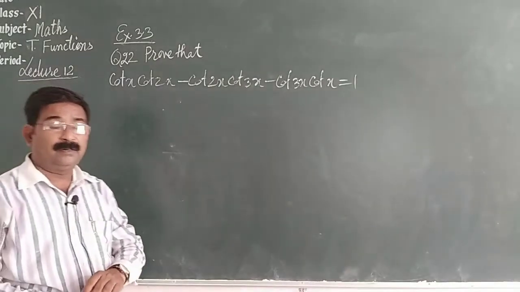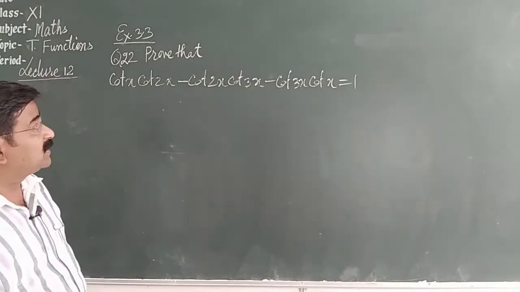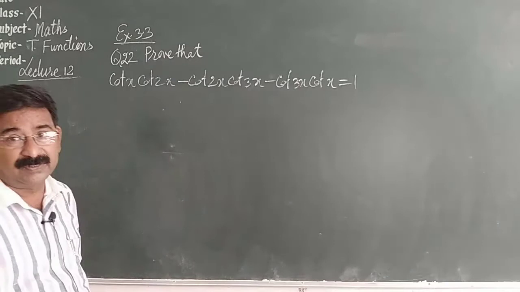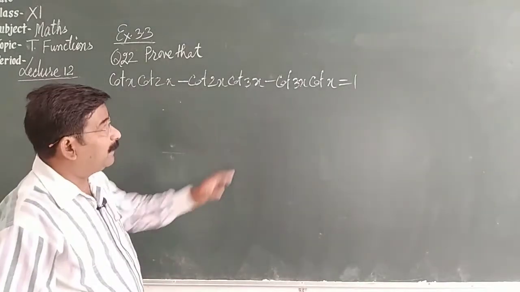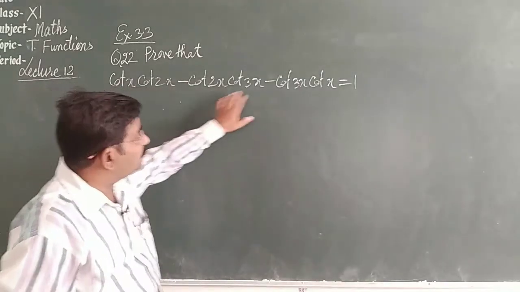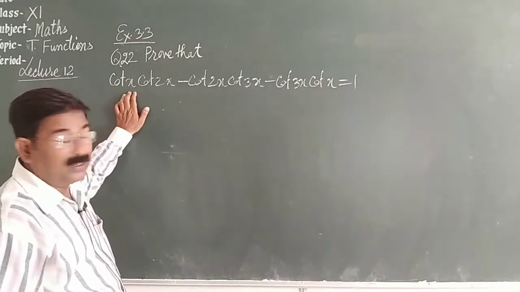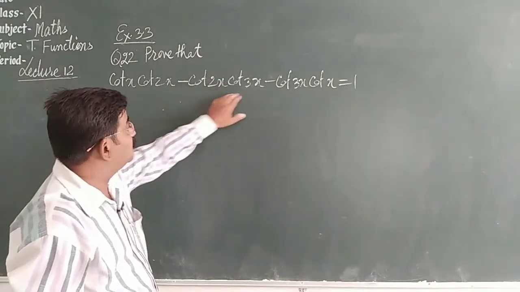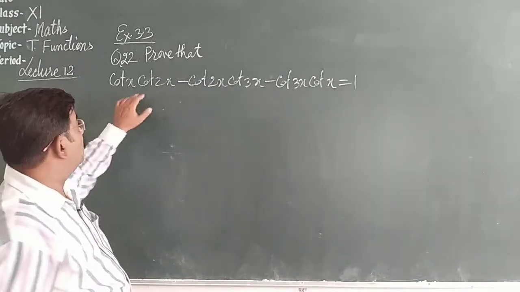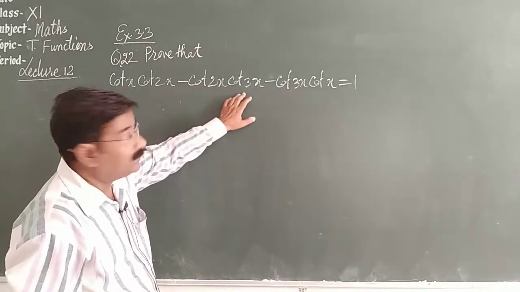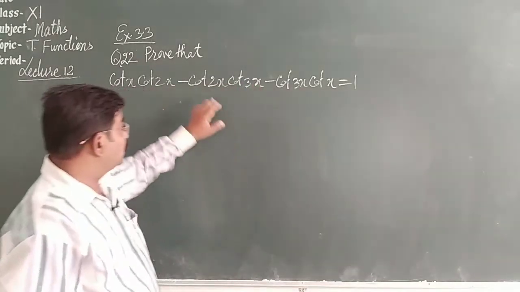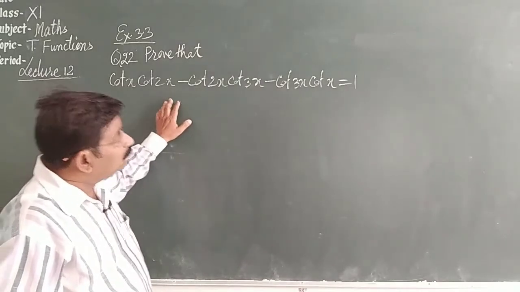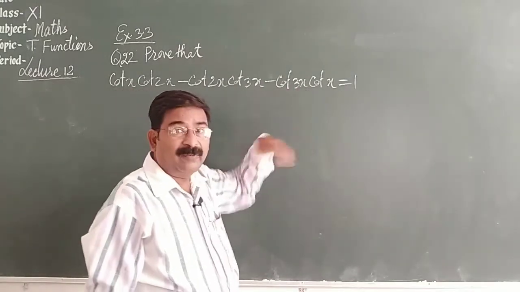It is an important question. This can be solved by several methods. Means we have three parts, taking two parts together. If you take cot x cot 2x minus cot 2x cot 3x together, so we have cot 2x common, cot x minus cot 3x left, and this will be left. What is the result coming? You will treat with the third one, and finally you will get the answer.